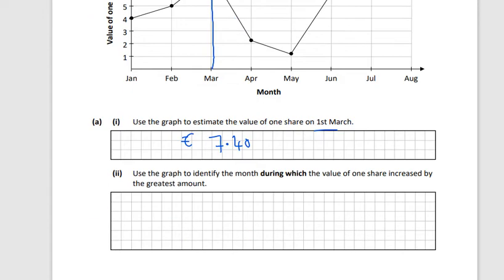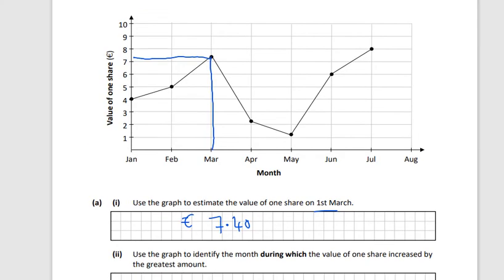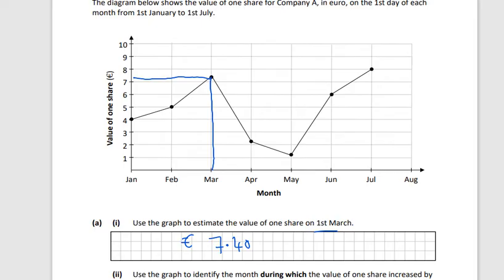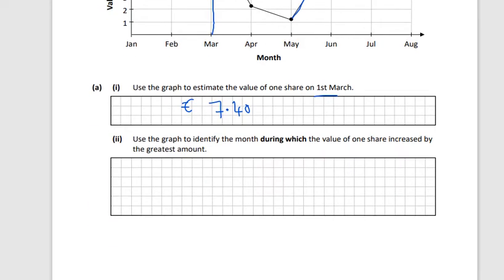Next, we use the graph to identify the month during which the value of one share increased by the greatest amount. So we're looking for the biggest jump here, and it has to be May to June. That's the highest slope. So that's the biggest jump there is.